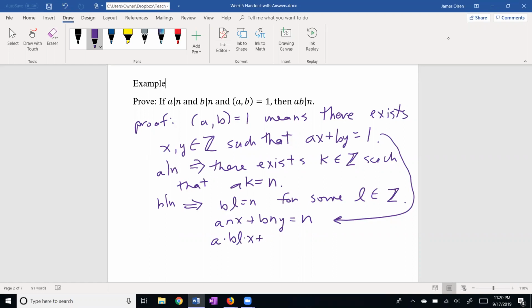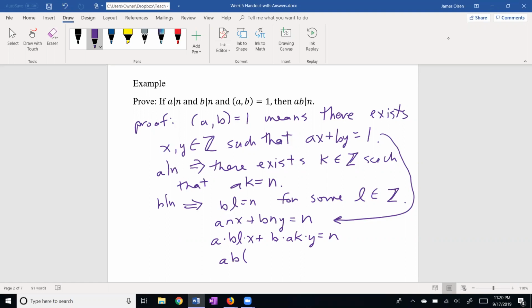That makes my first term have an AB in it. In the second expression, I'm going to remove N, and I'm going to substitute AK. So I have AB as a common factor. So I'm going to factor out that common factor. See if I can do the distributive property correctly here.